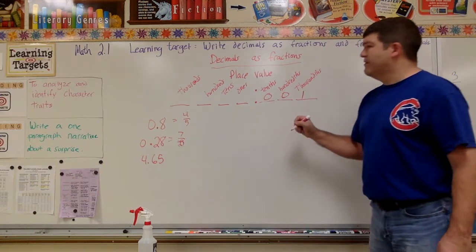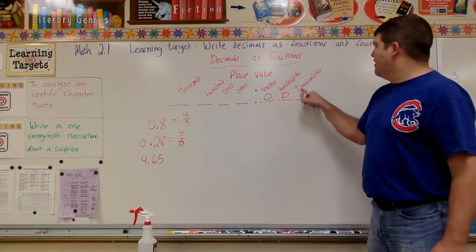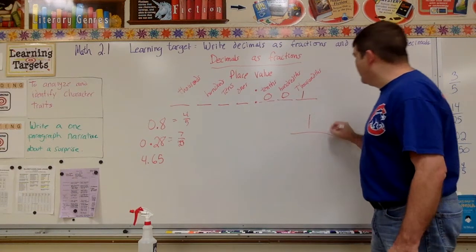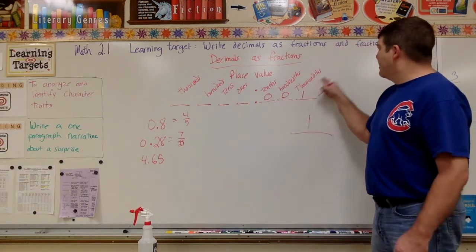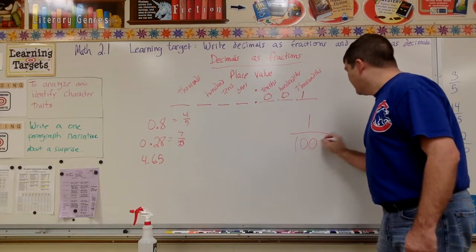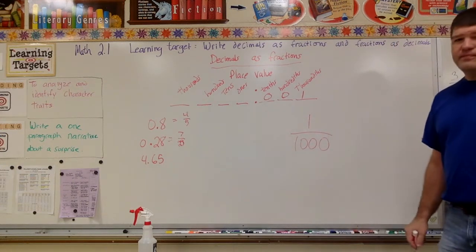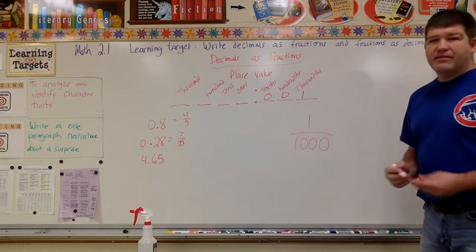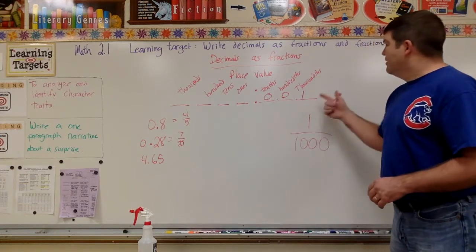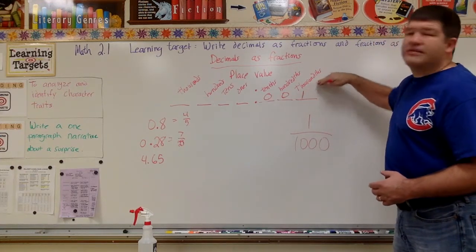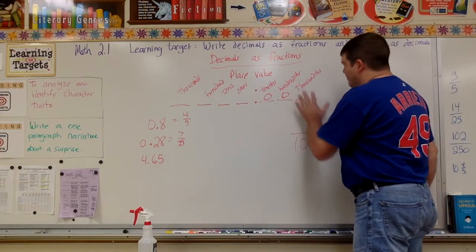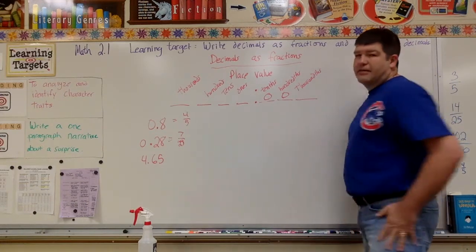The way I would say this is it is 1/1000ths. So 1, I put that number there, and thousandths, or 1/1000. And I can't simplify that or reduce it. So, okay, what's the farthest to the right? And you put it into a fraction, and then you simplify.